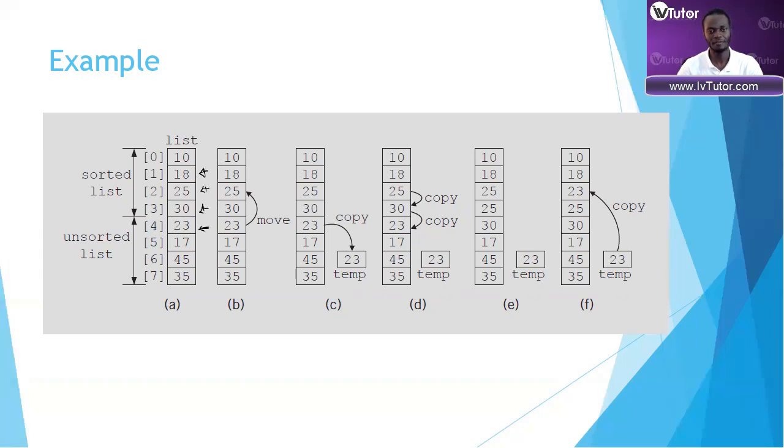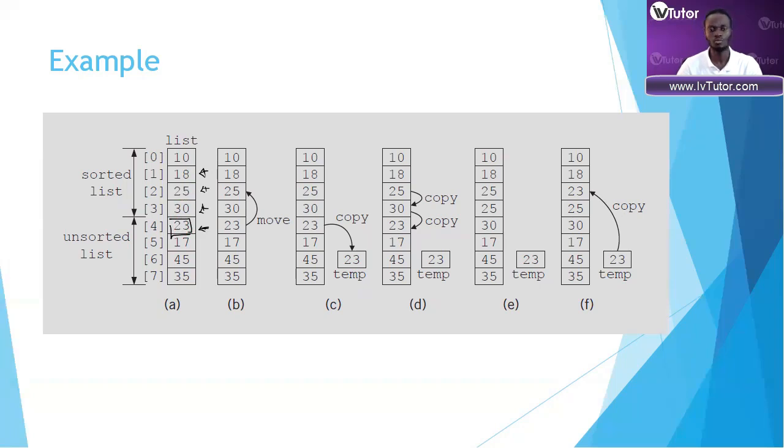Now we are looking at this fifth index, and we are looking at 23. You try and move 23 upwards until you meet a number that is greater than 23. So 30 is less, which means 23 keeps moving, 25 is less, 23 keeps moving, but 18 is less than 23, which means you cannot move 23 past 18, which means 23 needs to get here.